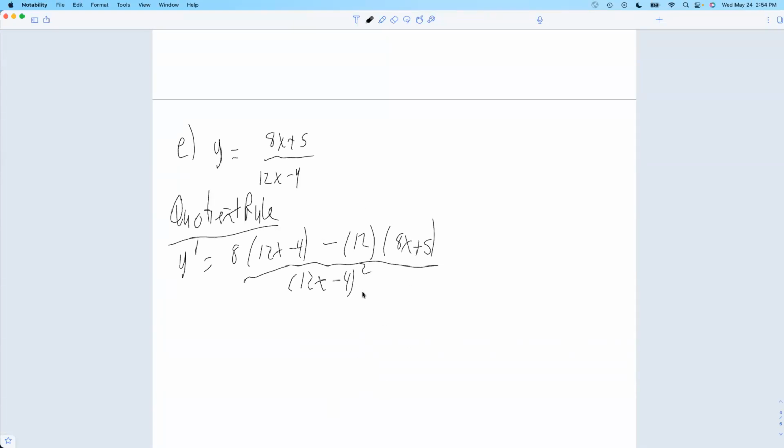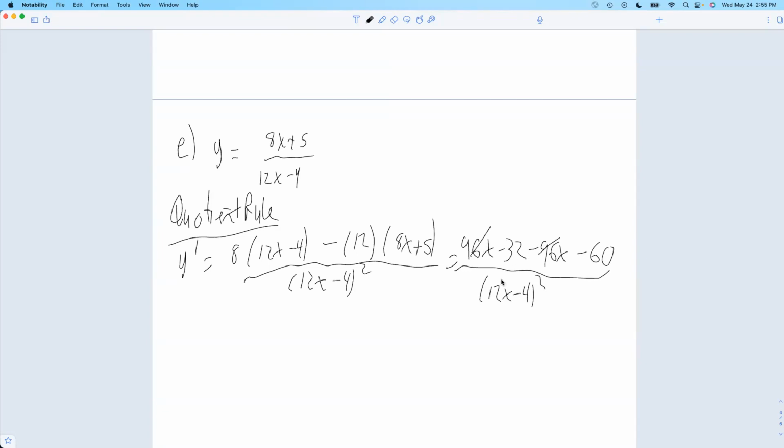Now we could clean this up. Like we could do some distributing here. Let's see. I think that's 96x minus 32. And then I'm going to have to distribute here, minus 96x minus 60, all over 12x minus 4 squared.